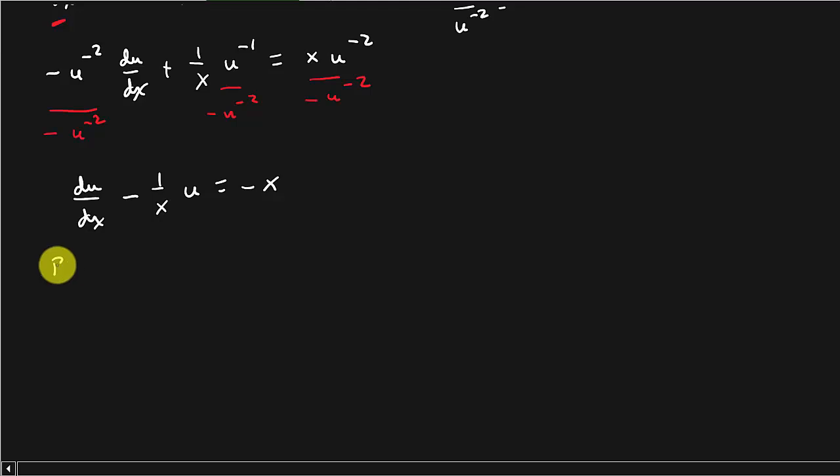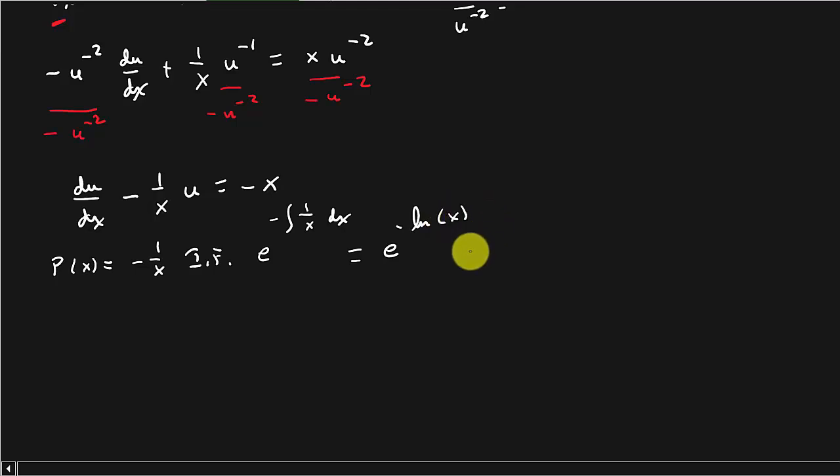So we know that in this case, we've got p of x is negative 1 over x. So our integrating factor is e to the negative integral 1 over x dx, which is e to the negative natural log x, which is equal to e to the natural log x to the negative 1, which is just equal to x to the negative 1.